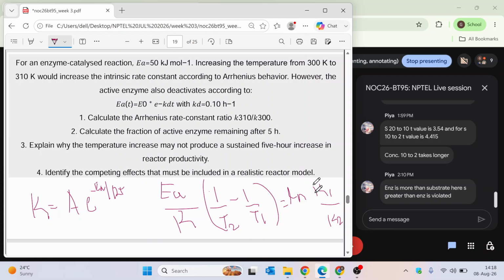Now whatever is asked here is this, and all other things are given here. From that you just have to substitute in this formula and find out this ratio.